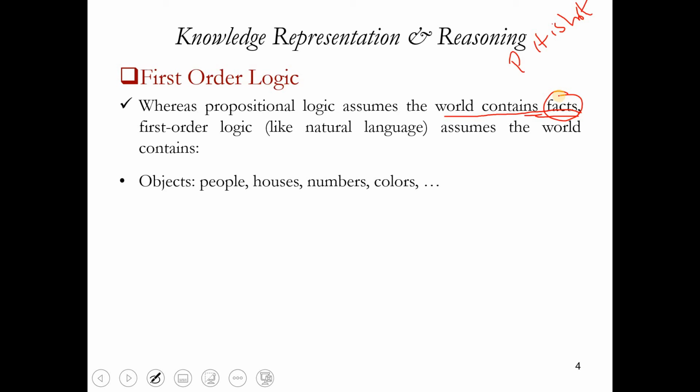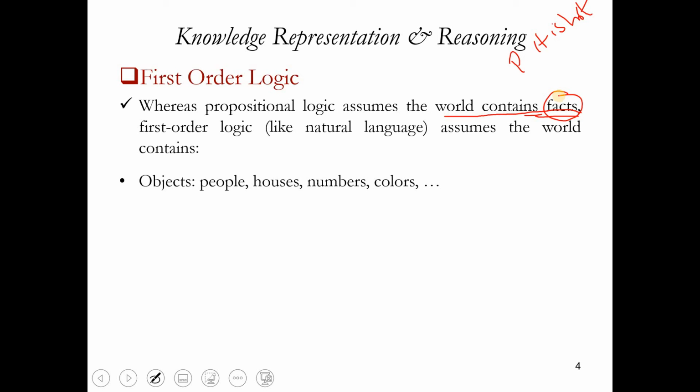Here we can have more things. If you remember, when we discussed the drawbacks of propositional logic, we said that it cannot describe objects, for example the age of a person. Here we can have these things.